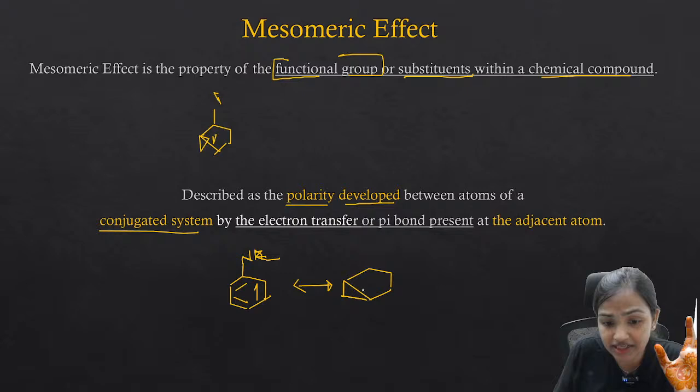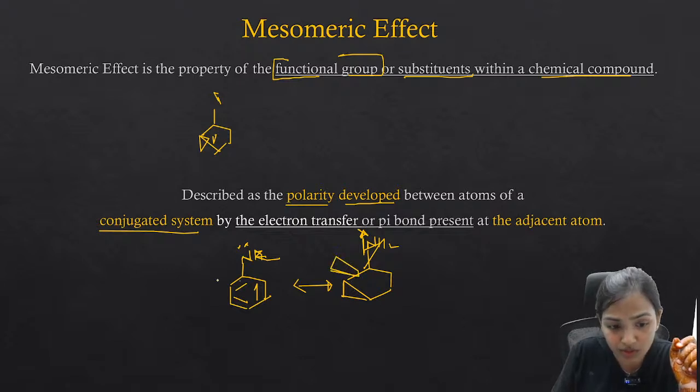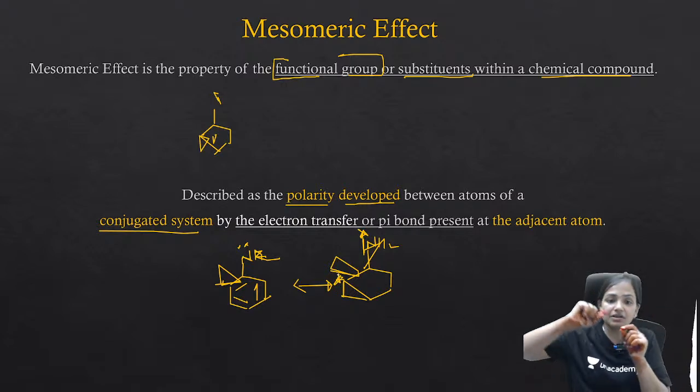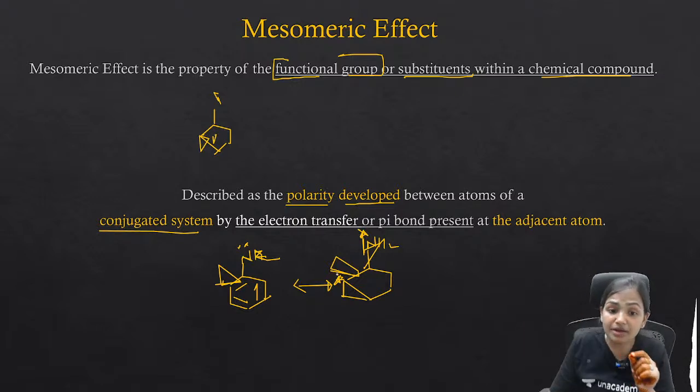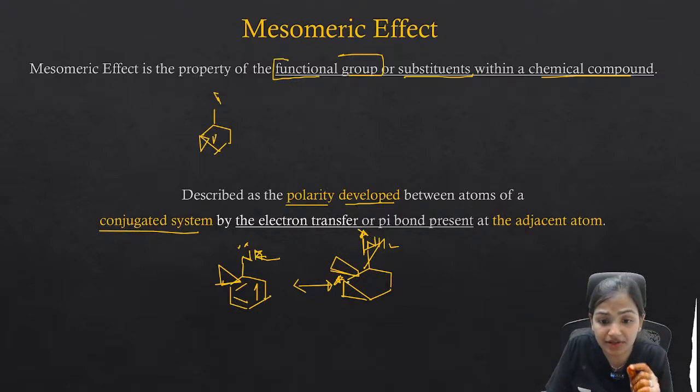If you see the conjugation, you will find that the lone pair over the nitrogen will undergo resonance, and ultimately we will be getting a double bond. This will become positive, and the pi bond will be broken, so here we will be getting a negative charge. So ultimately there will be a polarity that will develop between the conjugated system.